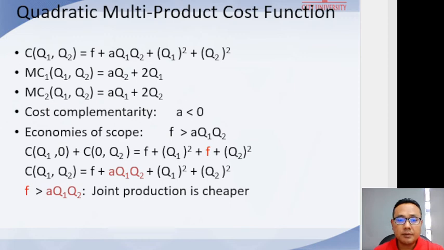Until now our analysis of the production process has focused on situations where the firm produces a single output. There are also numerous examples of firms that produce multiple outputs. Toyota, for example, produces cars, trucks, and SUVs, and many varieties of each.